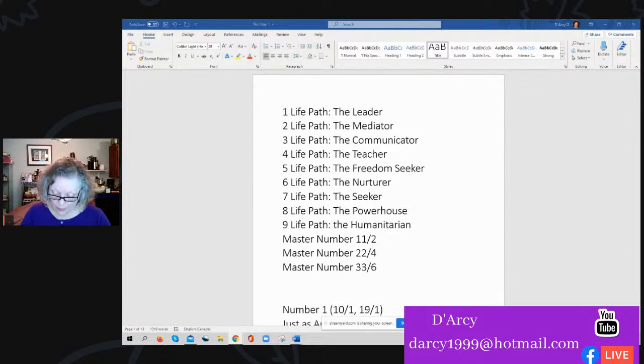So Lisa, you become 2, the mediator, the humanitarian, the seeker, and freedom seeker as well. And like I said, there's numerology sites you can take it, but basically the math is easy when you're doing it. And then there's also places online that will actually break it down even more for you if you want to plug it in. Jeanette.